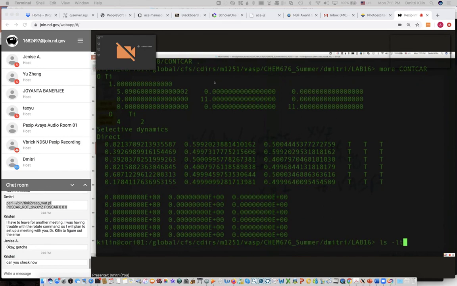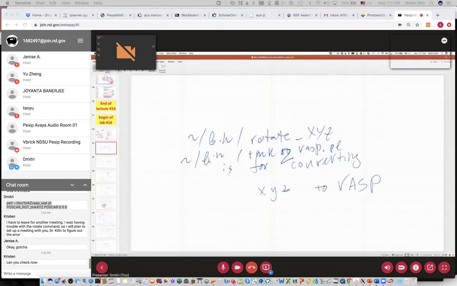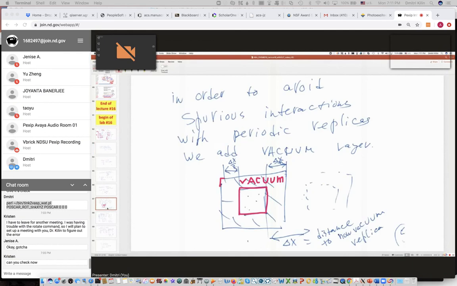So this command: Perl is just a language, .pl is a script, postcar underscore rotating is what comes out of the rotation, postcar is the output, and this 000 is the amount of vacuum that I was introducing in the slide. So this amount of vacuum cannot be zero.